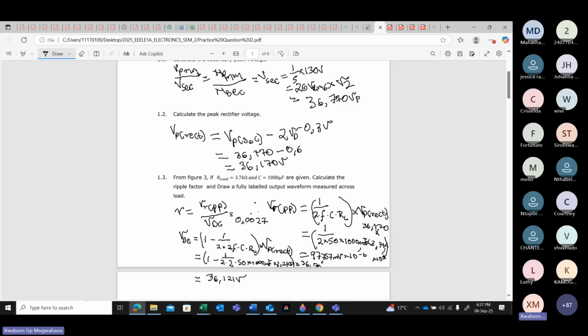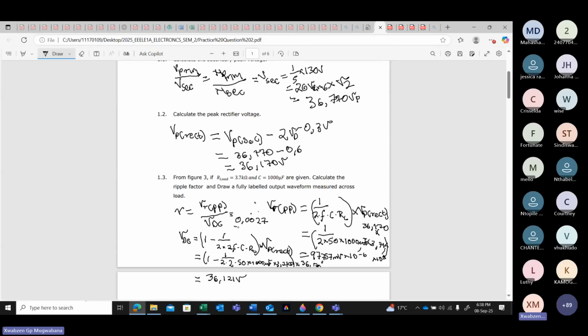It's either you leave it as it is or you write it in percentage. So the answer that we get on a calculator, we just have to multiply by 100. Like here on my calculator, it gives me 2,706 times 10 to the negative 3, the answer that I got for the ripple factor. But that is scientific notation. You must write it as a decimal. Can you see here?